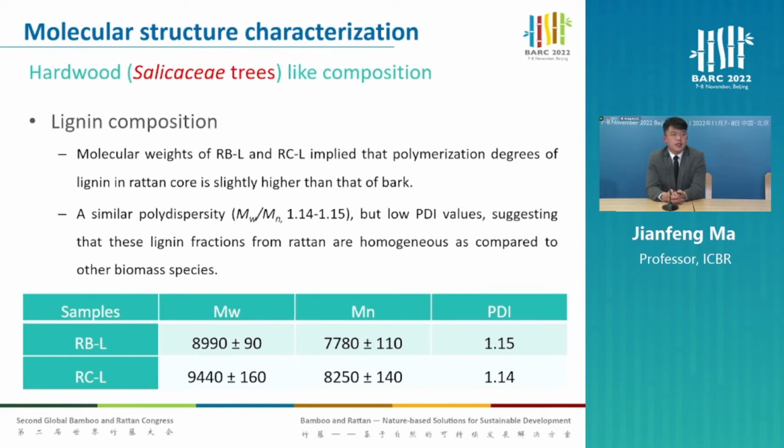From the molecular weight analysis, we found that for the lignin located in the rattan bark and rattan core, the polymerization degree of lignin in the rattan core is slightly higher than that of the bark. A similar polydispersity but low PDI values suggest that these lignin fractions from rattan are homogeneous compared to other biomaterials.